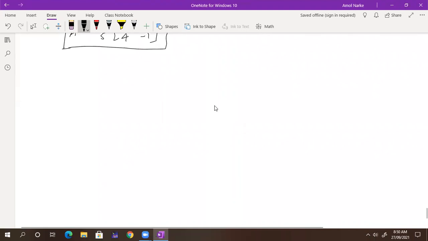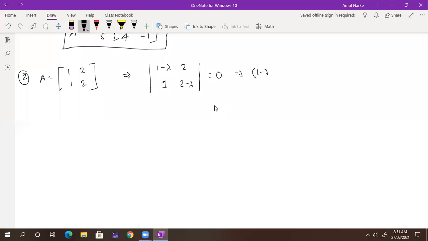Suppose I consider a simple example, 1, 2, 1, 2. So the determinant is equal to 0. You can easily check it out. So what does the characteristic polynomial become? 1 minus lambda, 2, 1, and 2 minus lambda, which is equal to 0. So you are getting (1 minus lambda)(2 minus lambda) minus 2, which is equal to 0.